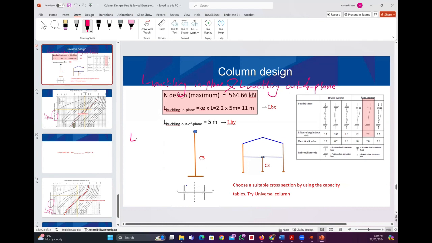L buckling X, or in plane, will be K E times L. L buckling Y, or out of plane, how much will it be? It will be all the time L. So L buckling X in plane will be KEL and L buckling out of plane will be L.